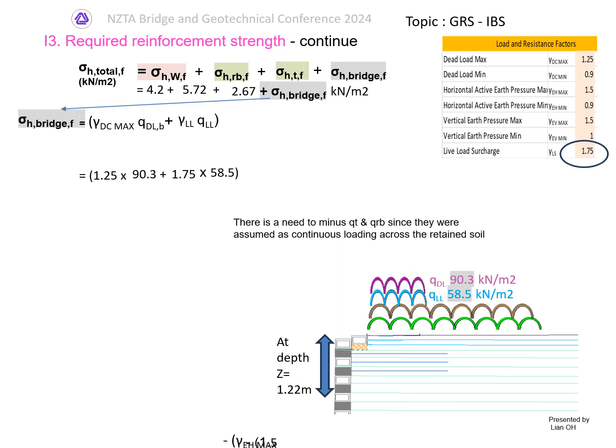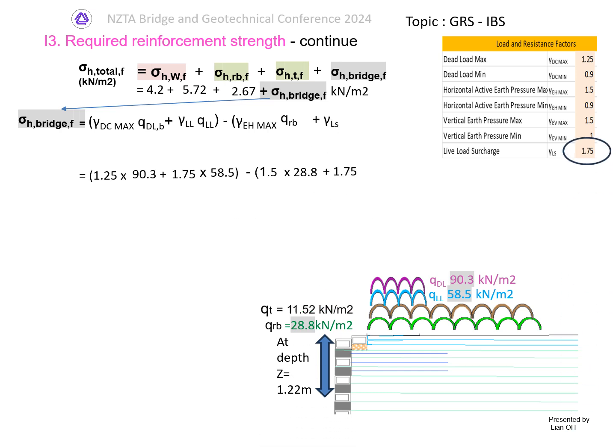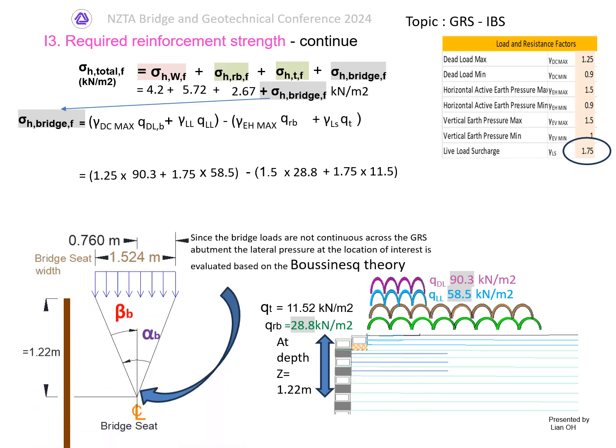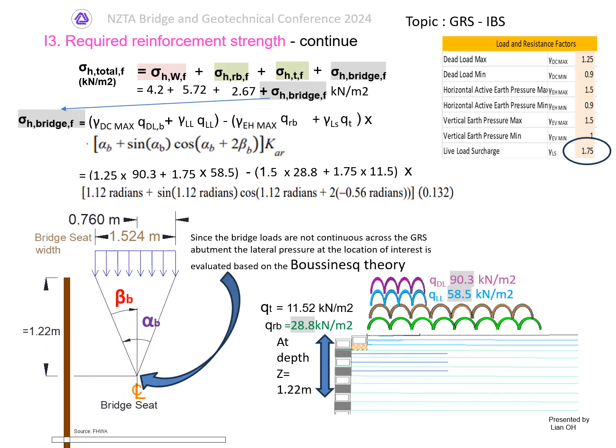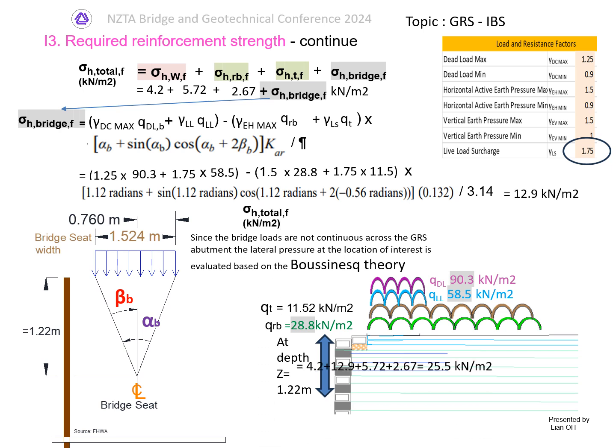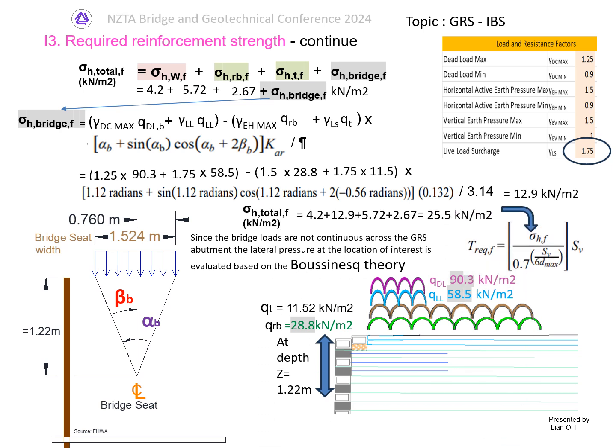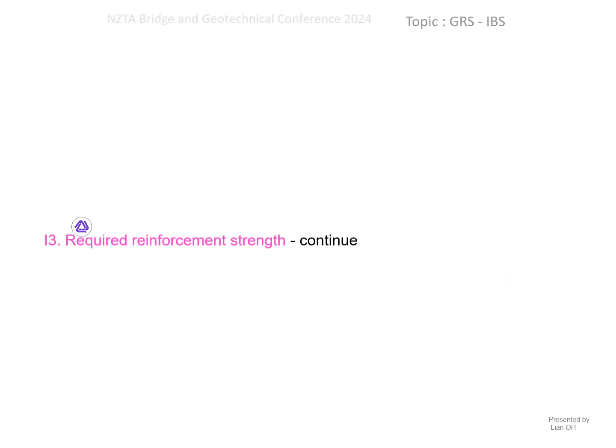This is to be subtracted from the load due to the approach pavement to account for the continuous loading assumption made. Since the loads are not continuous, the Boussinesq theory is applied in the calculations. This allows the total stress to be calculated.